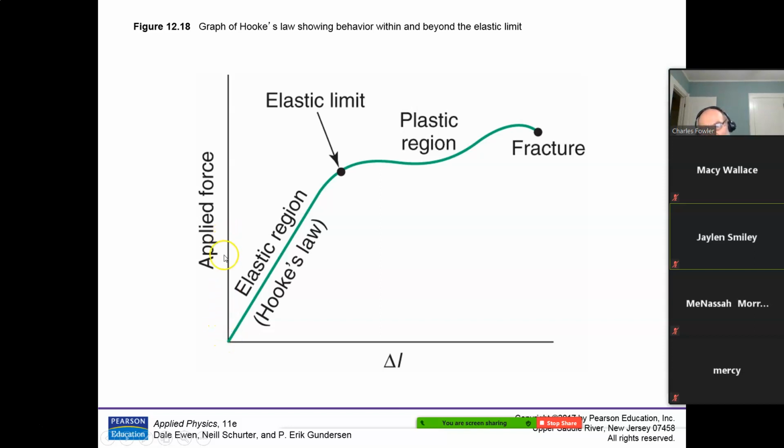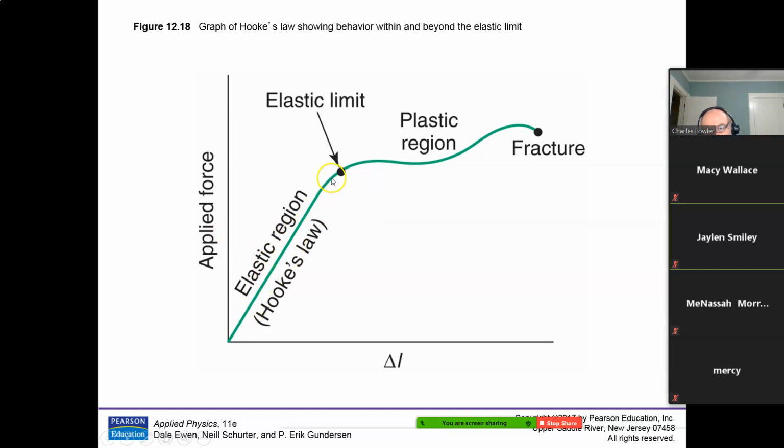Here's your applied force, which to me should be on the horizontal axis, and this is the change, the deformity that happens, the change of length or change of whatever that you're dealing with. You apply a little bit of force here, and you get a little bit of deformation. More force, more deformation. But it's always proportional. This is that straight line proportionality.